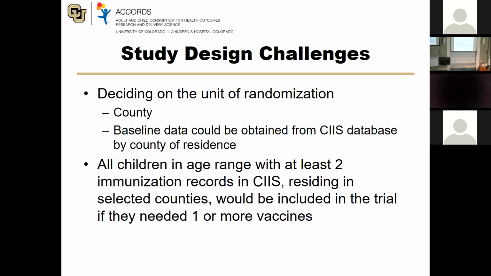Baseline data could be obtained from the CIS database by county of residence, and all children who were in the immunization registry with at least 2 records, who resided in the selected counties, could be included in the trial if they needed 1 or more vaccines. So it's truly population-based.